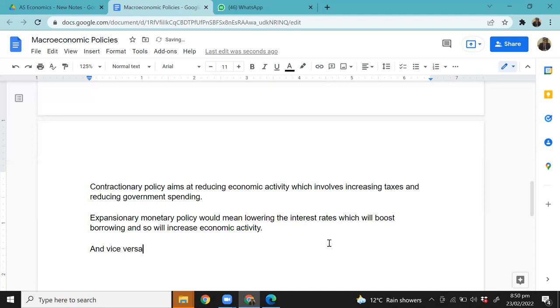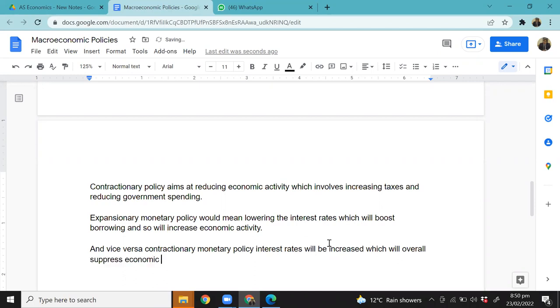Vice versa. Contractionary, students, are you following me or not? When interest rates are low, what happens? People borrow more, invest more, businesses invest more. Overall, there is more economic activity. On the opposite, in contractionary policy, interest rates will be increased, which will overall suppress economic activity.